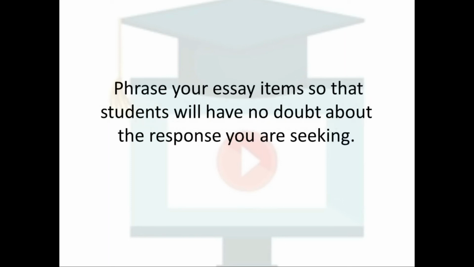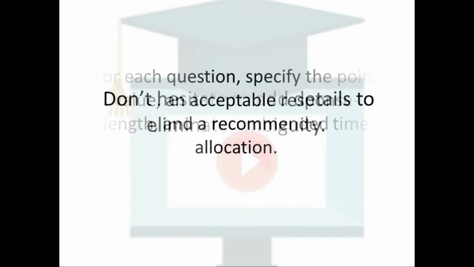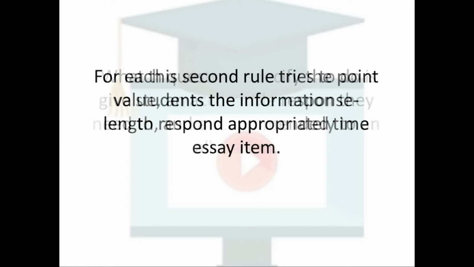Structure items so that the student's task is explicitly bounded. Phrase your essay items so that students will have no doubt about the response you're seeking. Don't hesitate to add details to eliminate ambiguity. For each question, specify the point value, an acceptable response length, and a recommended time allocation.